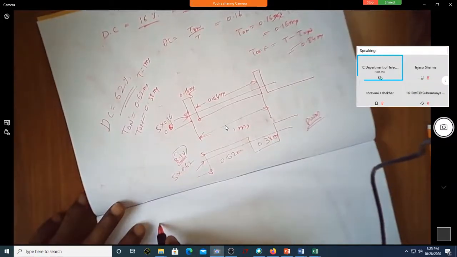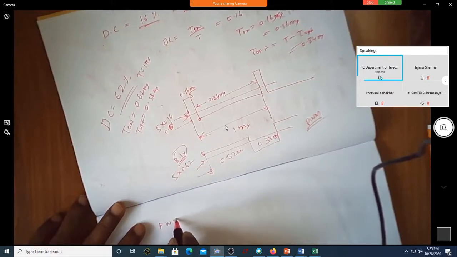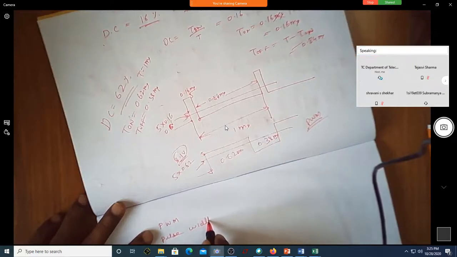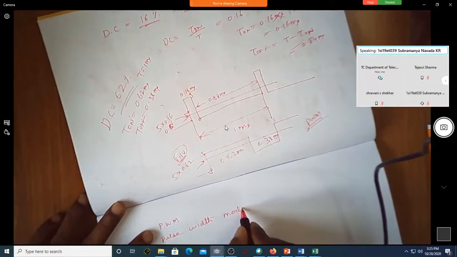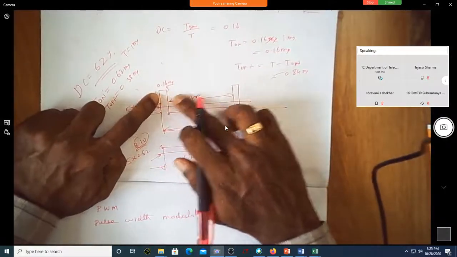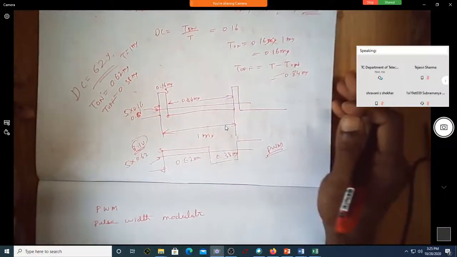I have written that in that video, no? Is the width of this going to keep on modulating? Modulation is nothing but variation.